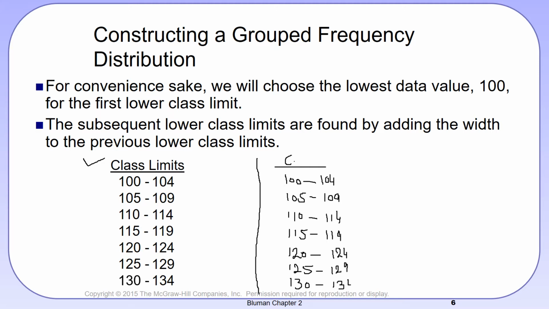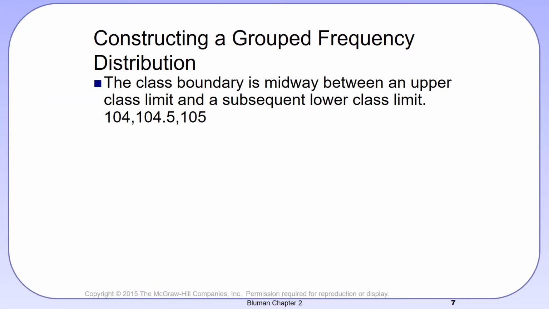Just imagine we have already drawn these groups: 100 to 104, 105 to 109, 110 to 114, 115 to 119, 120 to 124, 125 to 129, and 130 to 134.